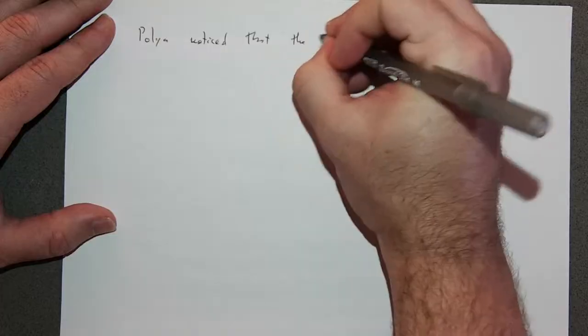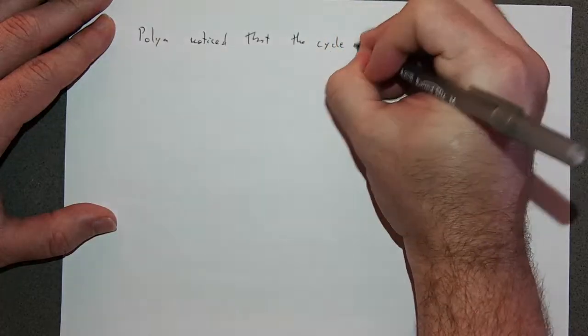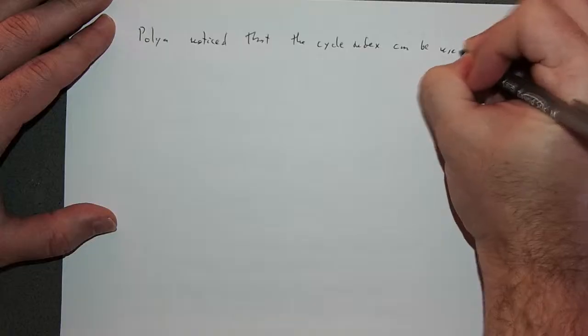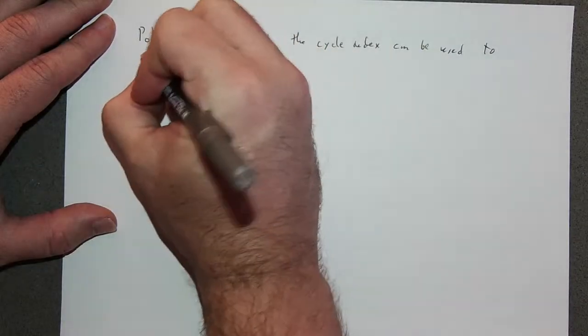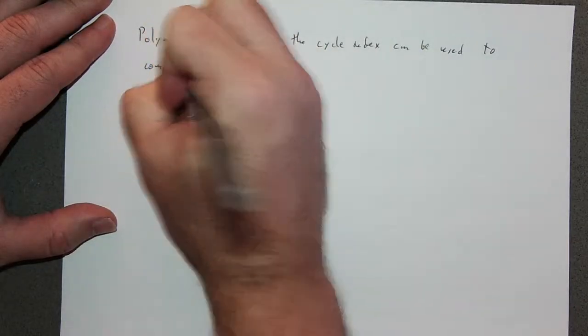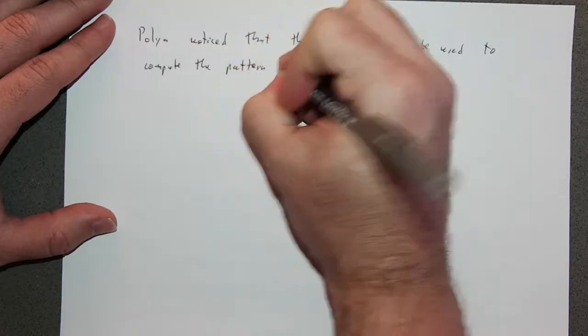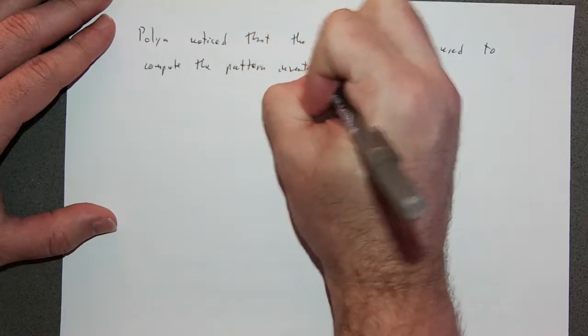Polya noticed that the cycle index can be used to compute the pattern inventory in a nice way.